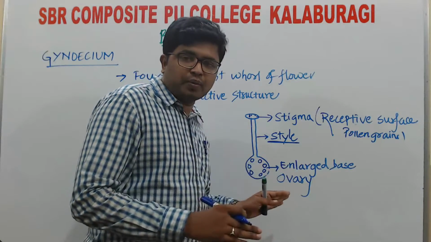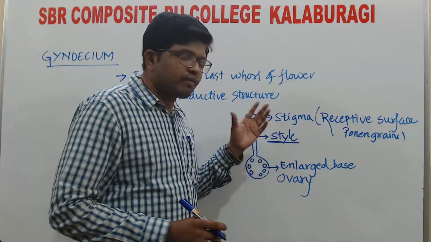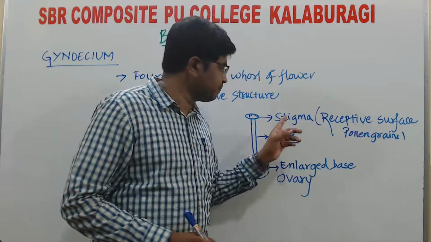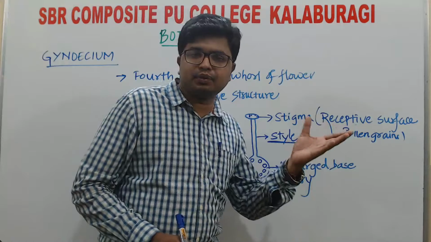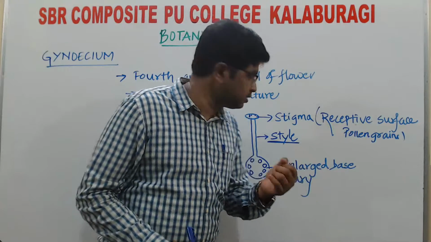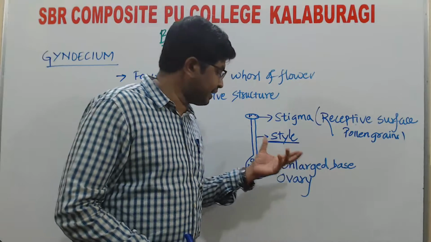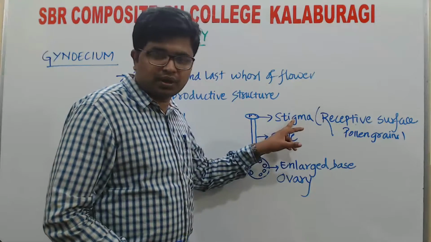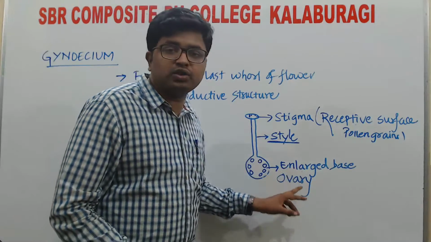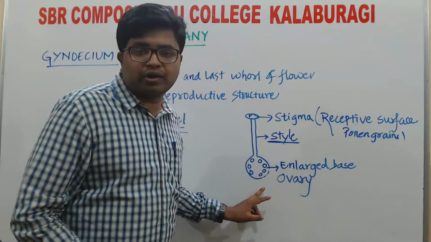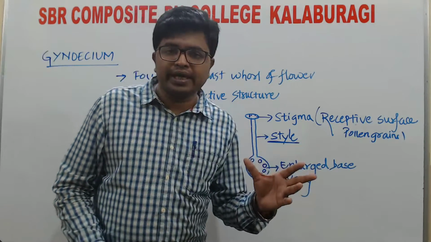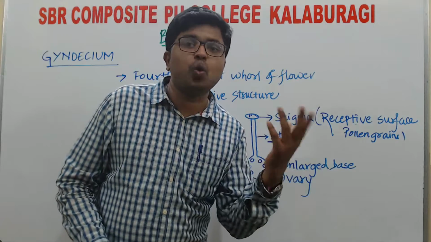For now, understand that the carpel has three structures: stigma, which acts as a receptive surface for holding the pollen grains; style, a tube-like structure that connects the ovary with the stigma; and an enlarged, bulged portion, which we call ovary. Ovary again holds the ovules.